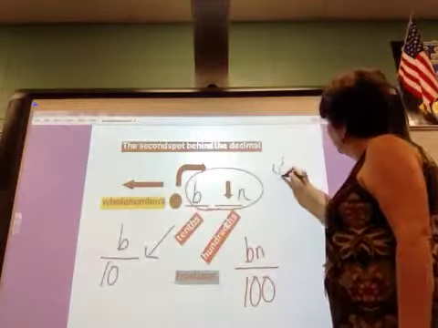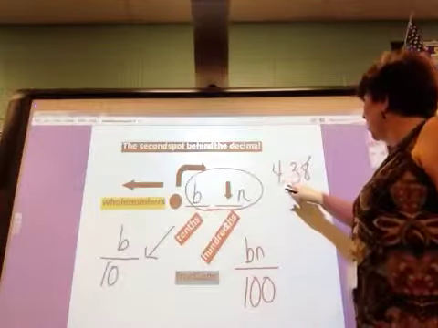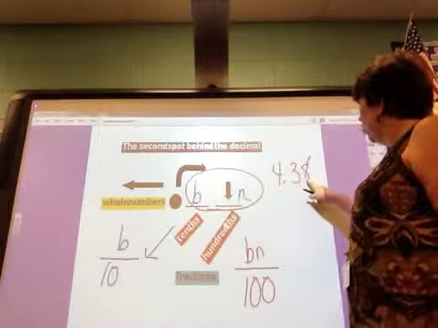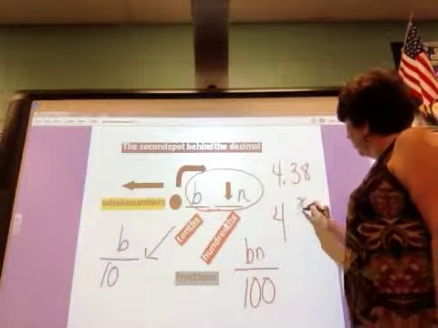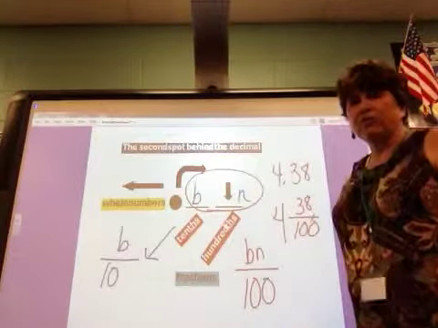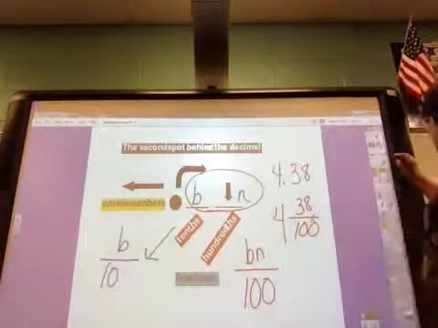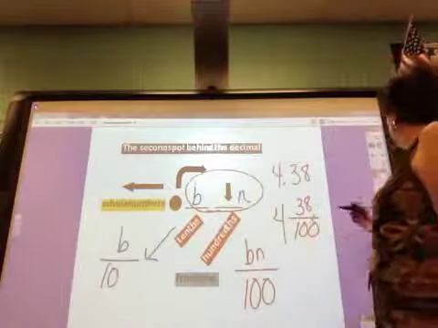If we have the number 4 and 38, we would say 4 and 38 hundredths. We would write that as 4, and then the decimal is written as a fraction. If you need to see that again, you may pause your video or rewind it.